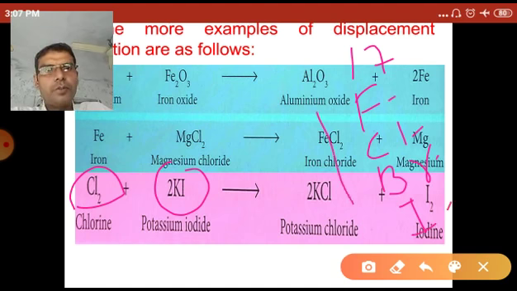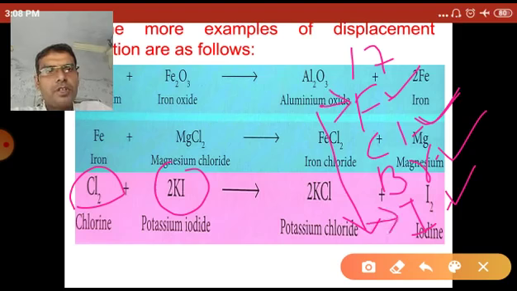When we move from top to bottom in this group, the reactivity of the elements decreases. So fluorine is more reactive than chlorine, chlorine is more reactive than bromine, and bromine is more reactive than iodine. So fluorine is most reactive and iodine is least.